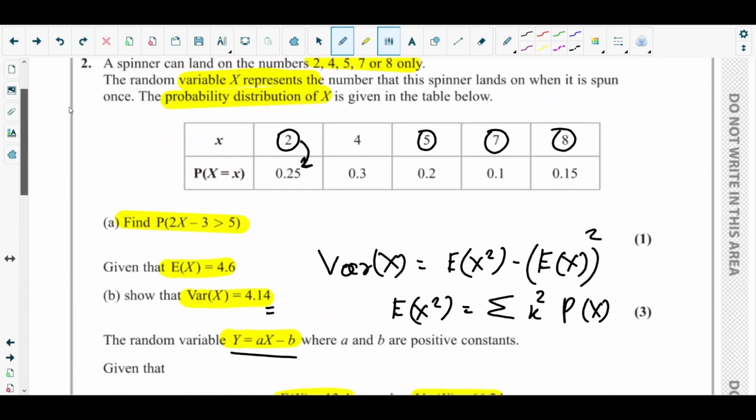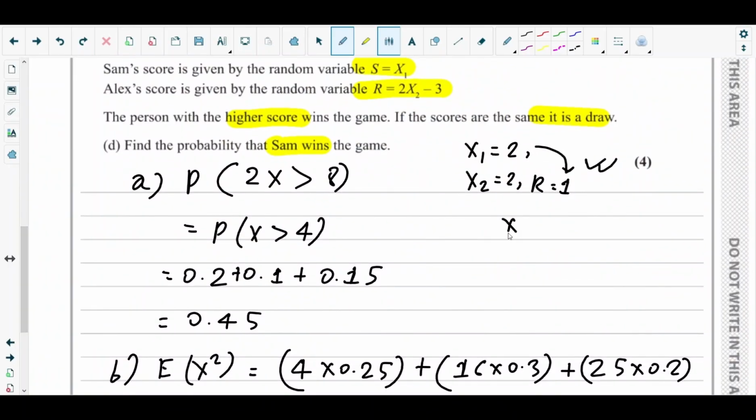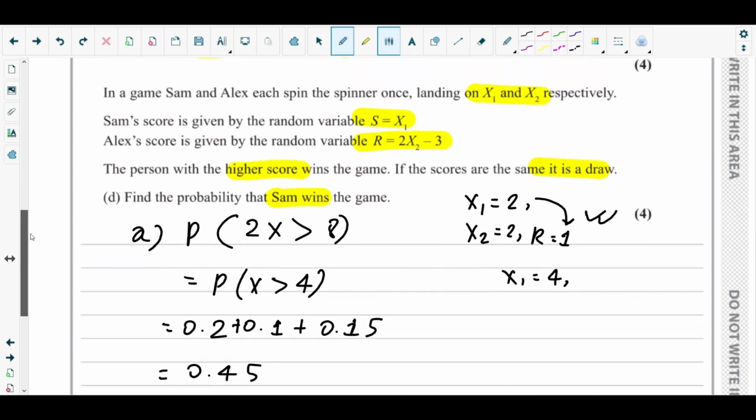Next, consider if Sam scores 4. If Sam scores 4, what should be Alex's score? If you consider x2 that is 2, you are getting R equals 1.